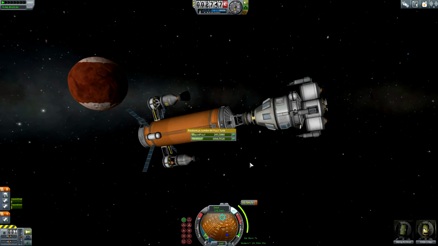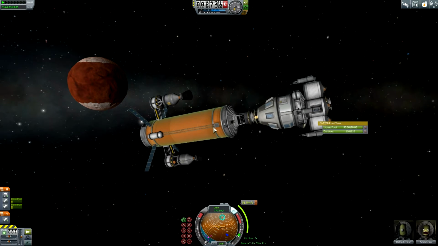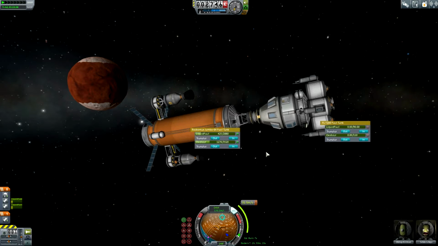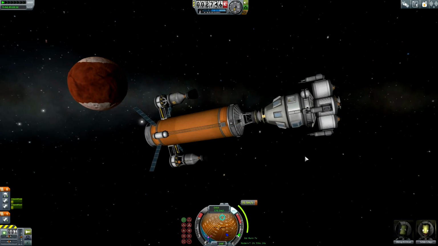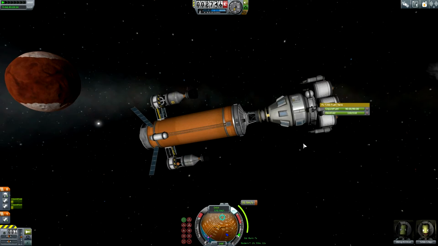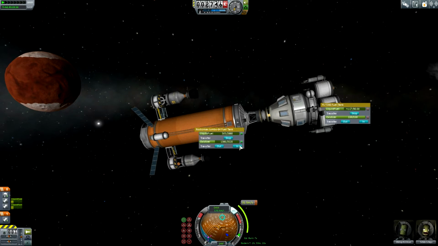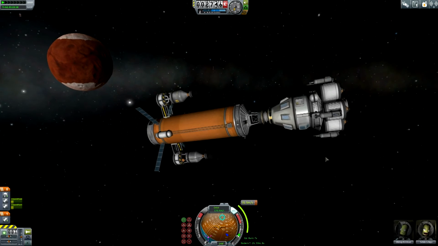How are we doing on fuel? 245 units of liquid fuel, but I don't really need this fuel, so I will now bring all the fuel from the lander over to the interplanetary travel stage, because I think I have completed all the landing operations.